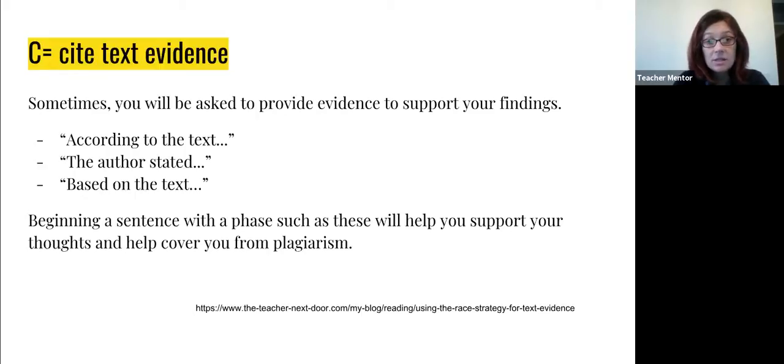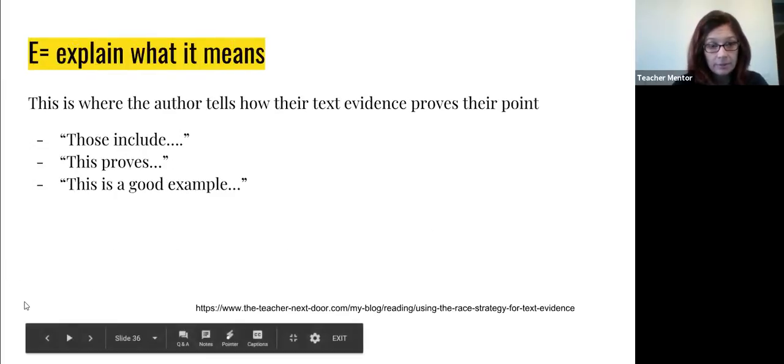I can find a specific author. If I like what he is saying and that author is providing evidence to support my thoughts and my findings, then I can say the author stated, or I can start by saying based on the text. Beginning a sentence with a phrase like this will help you support your thoughts and help cover you from plagiarism, because then at the end of your paper, you are going to explain where you received that information.